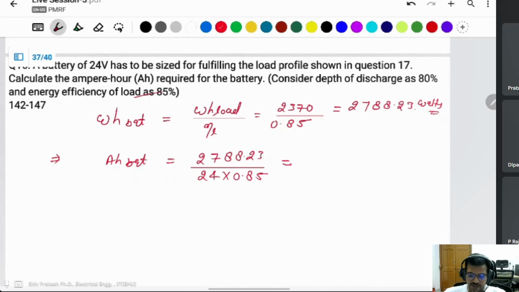You can calculate this: 2788.23 divided by 24 divided by 0.85, which is 136.67 Ah.